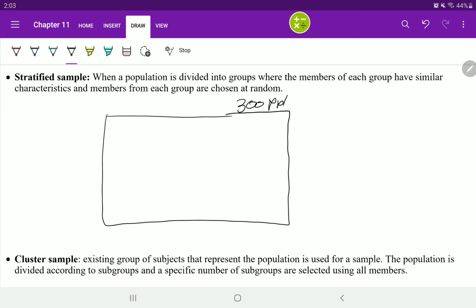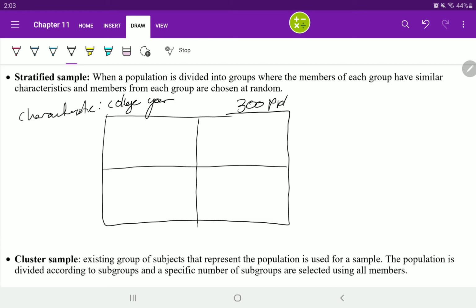I want to divide the group based on a similar characteristic. I'm going to divide the group based on year in college for undergrads. So the characteristic is going to be college year.